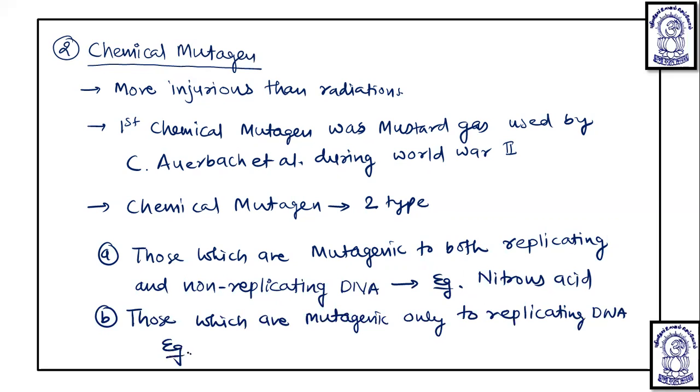Example, acridine dye and base analog. Okay. So these are the ones which affect replicating DNA only. So what are the effects of these different chemical mutagens like nitrous acid, acridine dye and base analog? So effects we are going to discuss.